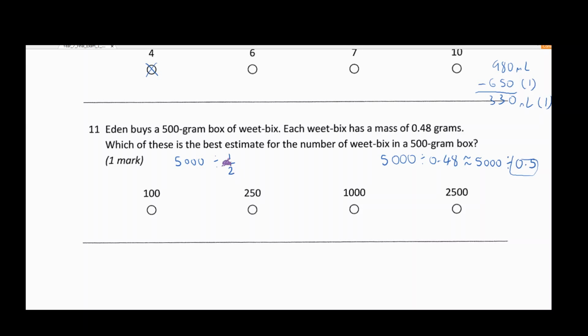Now, if we flip this fraction, it makes it easier to figure out. So we've got 500 times 2 over 1.